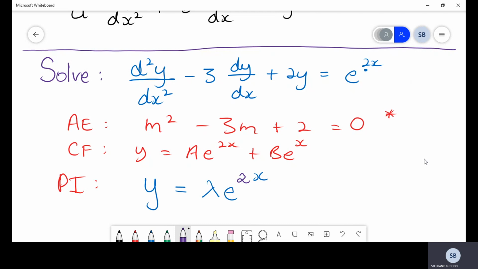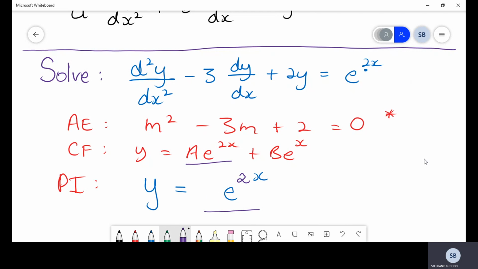If you compare it with your complementary function, one of the terms is very similar to your particular integral. In cases like this, where your particular integral is almost identical to one of the terms in your complementary function, you need to alter your particular integral by including an element of x.